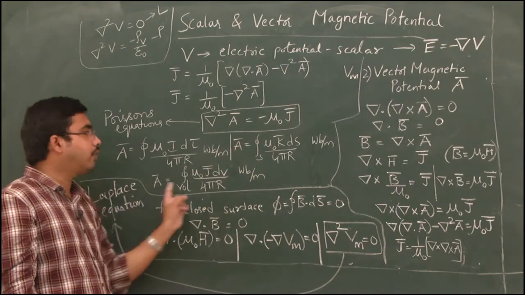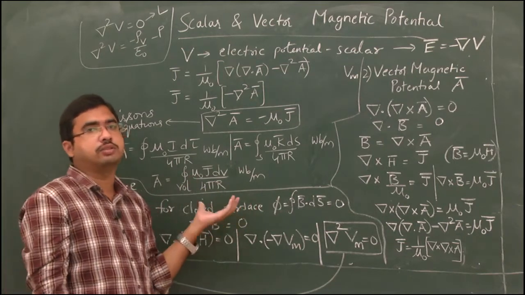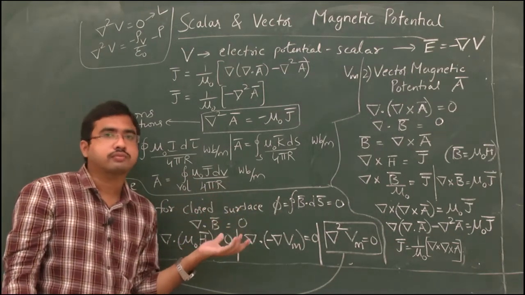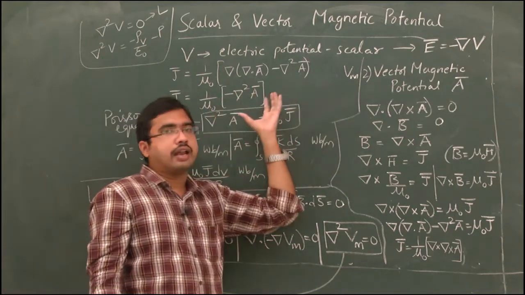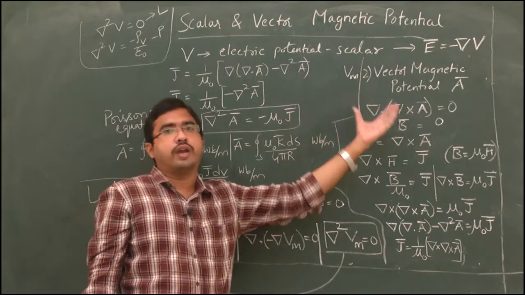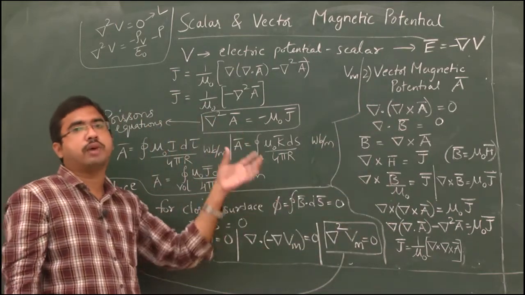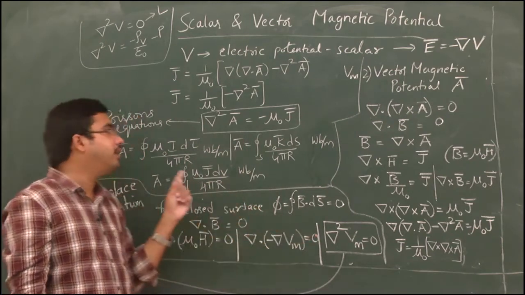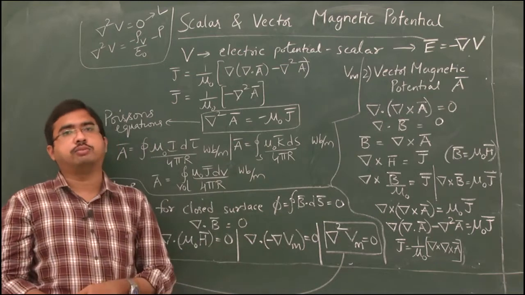And these are the formulas for vector magnetic potentials for different current distributions. I hope you understood all the scalar and vector magnetic potential equations, Poisson's and Laplace equations for magnetostatic fields, and vector magnetic potentials for different current distributions.